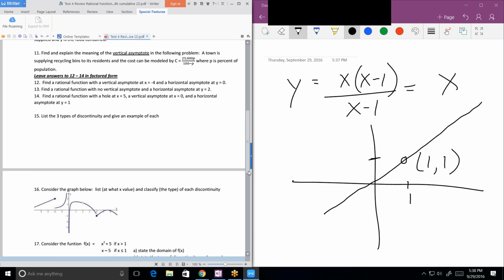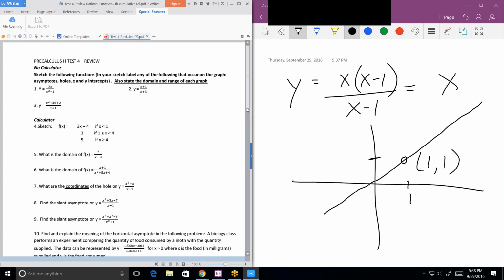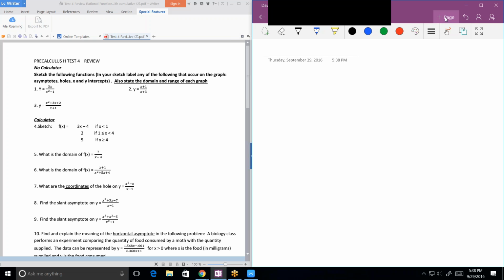Okay. Slant asymptotes. Hold on. There are 3 situations. There's this situation. What's the horizontal asymptote? 1/3. 2/3. -1/3. 2/3.